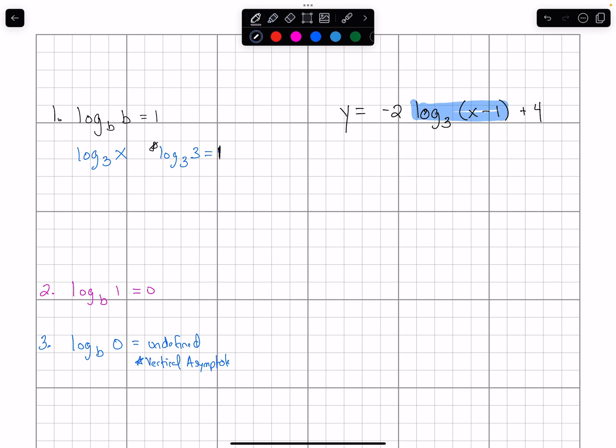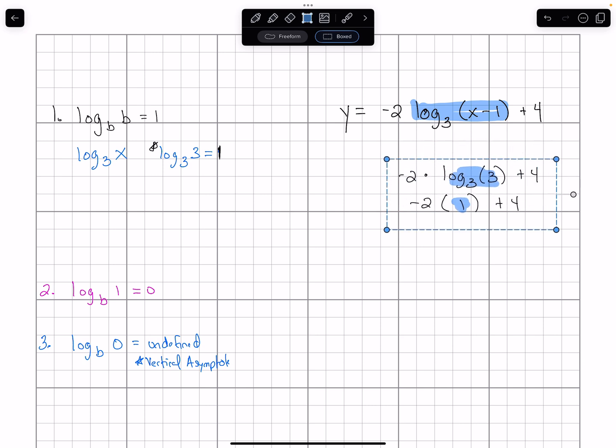So how do I get log base 3 of x minus 1 equal to 1? Well, in order for that to happen, this would have to be negative 2 times log base 3 of 3 plus 4, right? Because log base 3 of 3 is equal to 1.